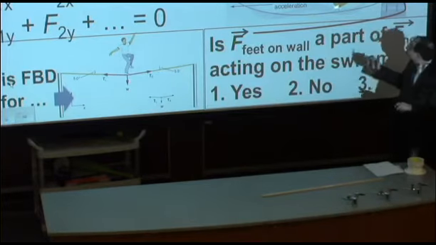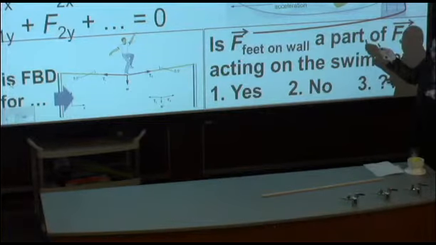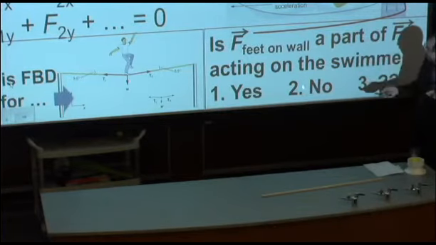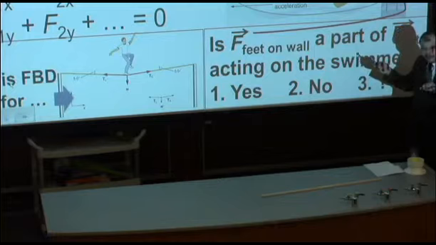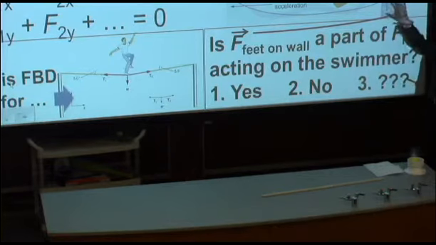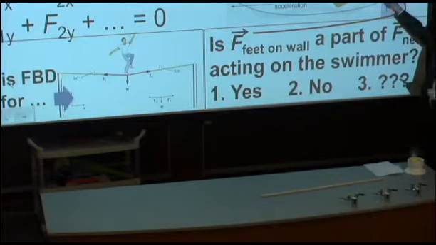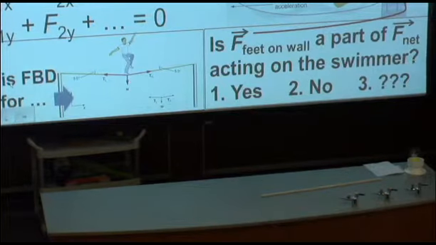So this is the force acting from the object. That's it. The answer is no. We cannot include the force exerted by an object into a free body diagram related to that object. If I wanted to, I could have drawn a free body diagram for the wall, and in that case I would have included that force.